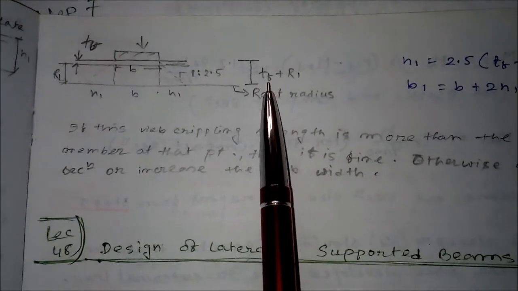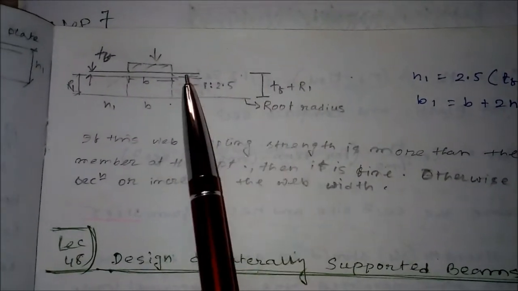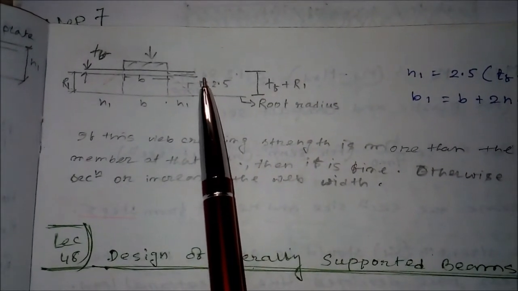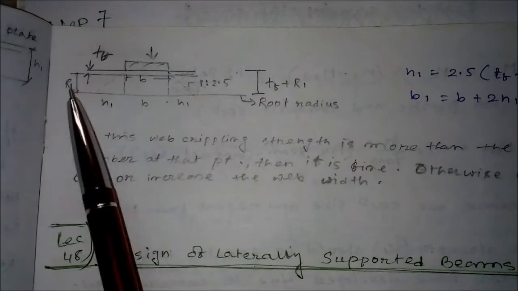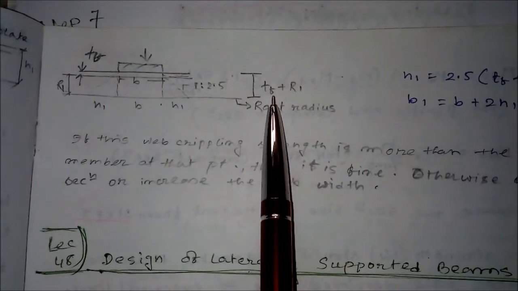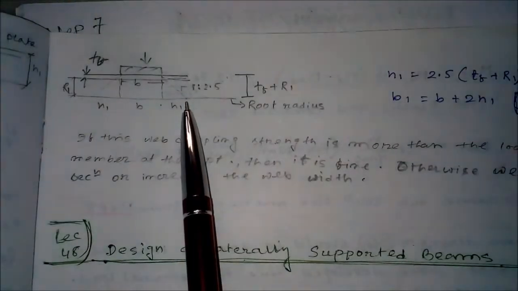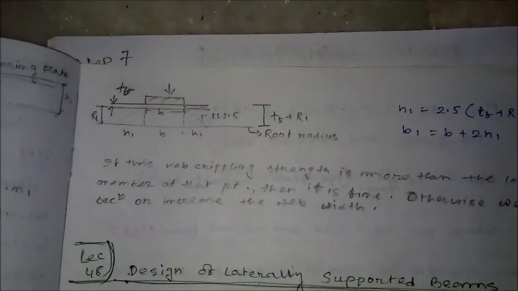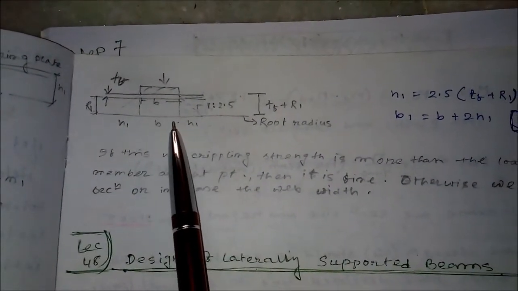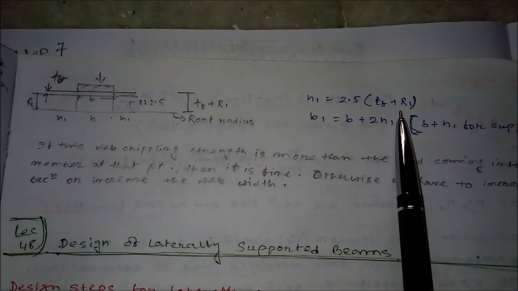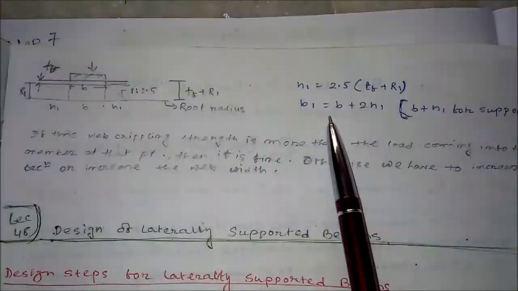This will be tf plus r1, because tf is the thickness of the flange, plus the radius of the root r1. So this value is n1 and this value is b, the n1 value will be equal to 2.5 of tf plus r1.